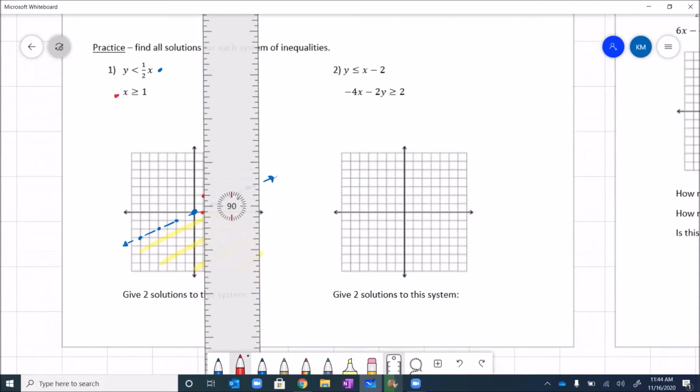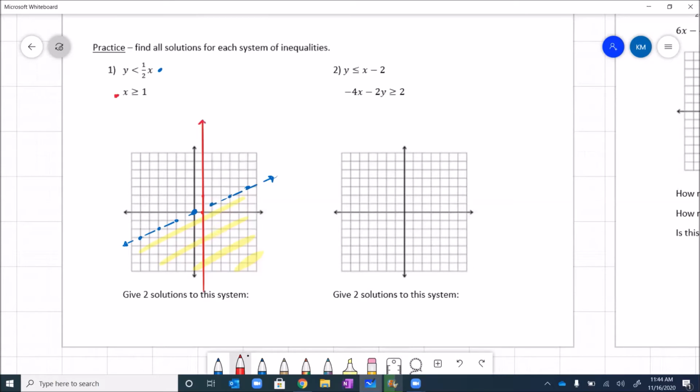All right, solid line there, up and down. Am I doing it right? There we go. All right, my ruler. And usually we say above or below, but this line's kind of different because it goes vertical. So we don't want to say above or below. Greater than would be to the right of the line. Okay, and so I'm going to use a different color so it's more visual here.